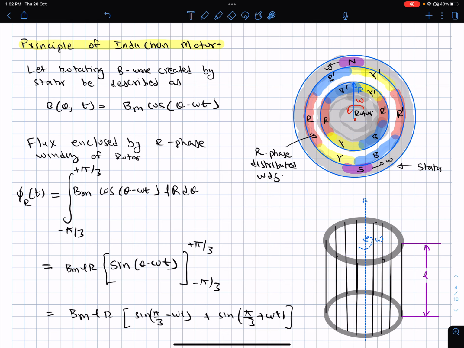Using this three-phase distributed winding in space carrying three-phase currents in time, I am going to create effectively a rotating magnet or a rotating MMF wave.